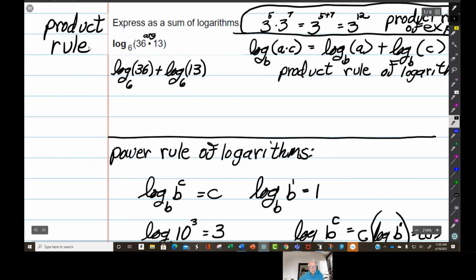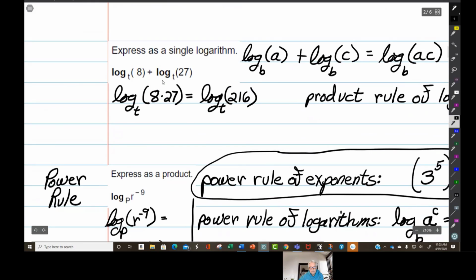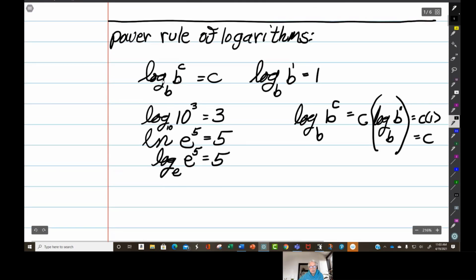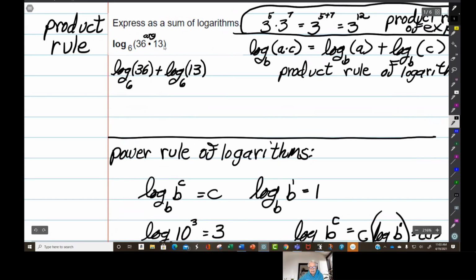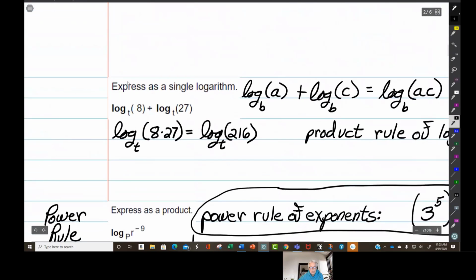The product rule: when you have two things multiplied in the argument, you add them. You take the log of each one and add. And it works either way. This becomes this, or this becomes this. So this is the product rule as well.